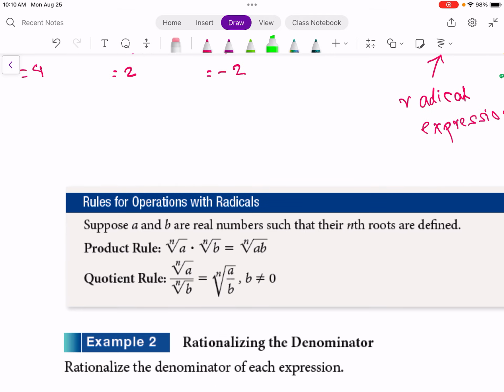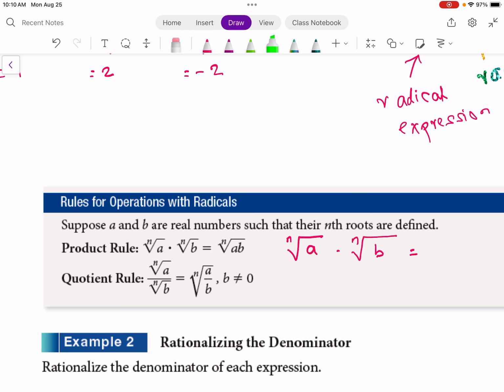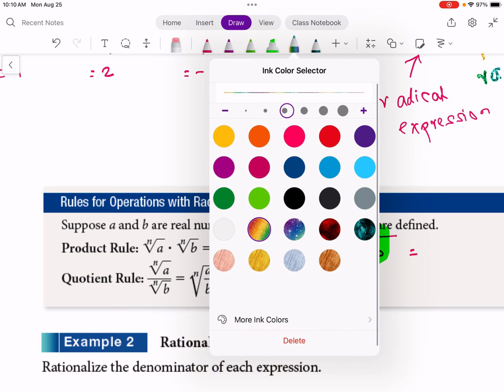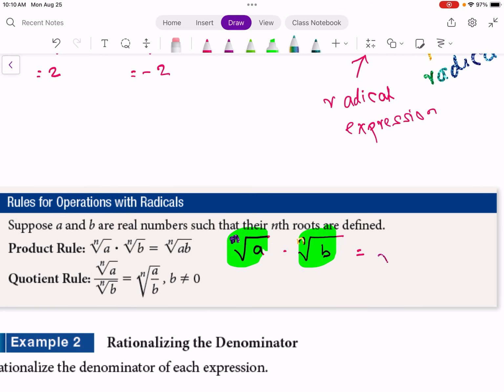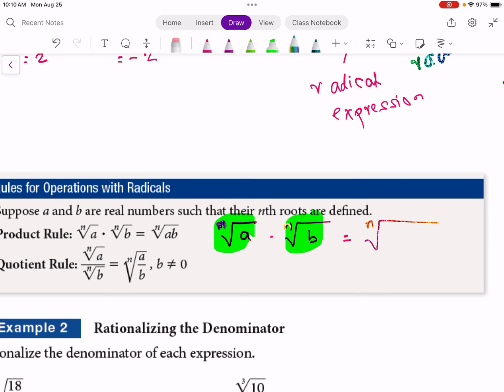If we are multiplying two radical expressions, we have a radical expression with an index n and radicand a, and the next radical expression has the same index n and a different radicand, b. If the index is the same, then the product has the radical sign, the index remains the same, and you only multiply the radicands a and b, so a times b is ab.